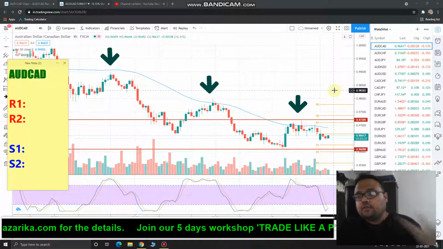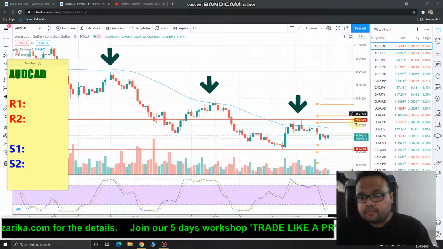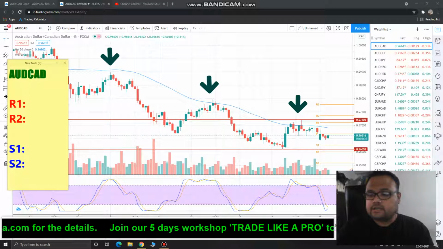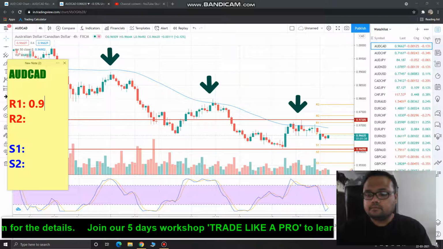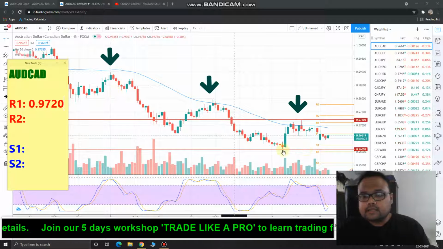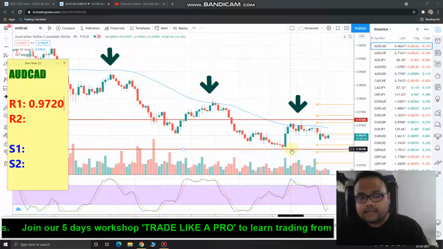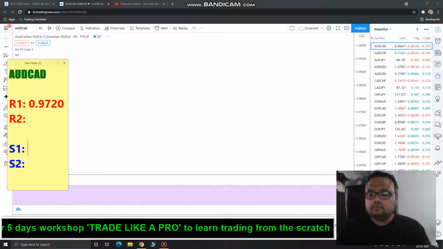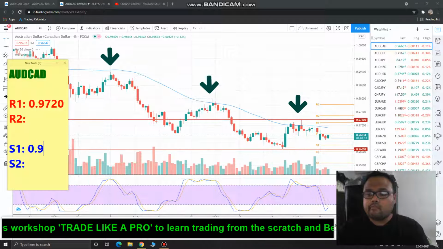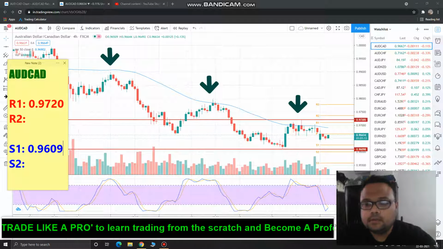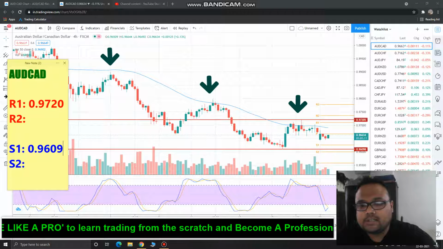You can see that I have drawn two lines on the screen. 0.9720 is the resistance, and this line here is the support. So one is a resistance and one is a support.